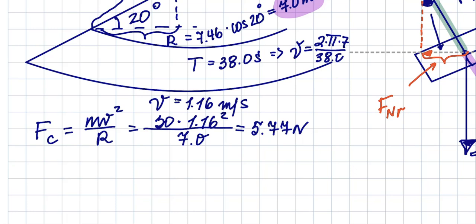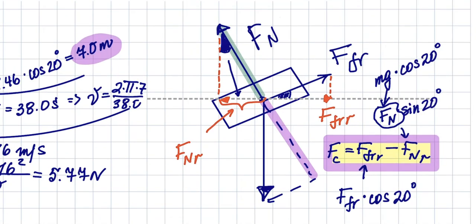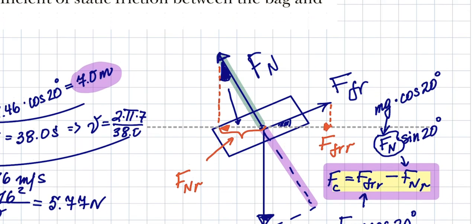Normal I haven't found yet, but I know that normal is going to be mg cosine of 20 degrees. And then I need to multiply that by sine of 20 degrees to get my radial component. Correct? Correct.